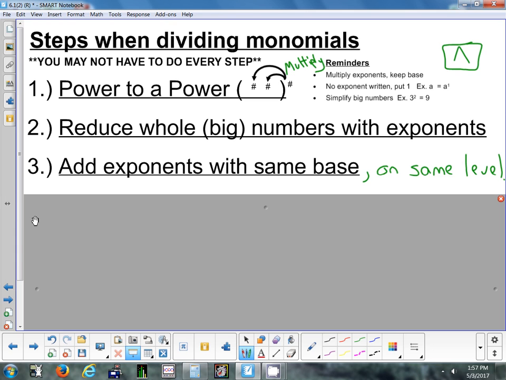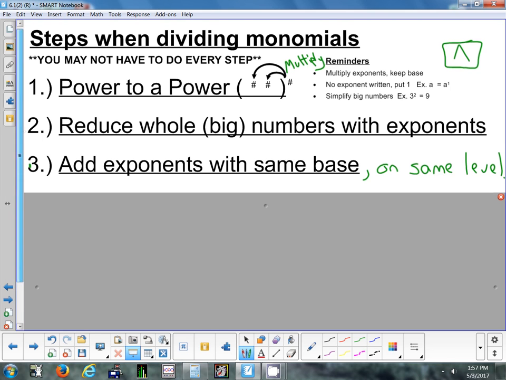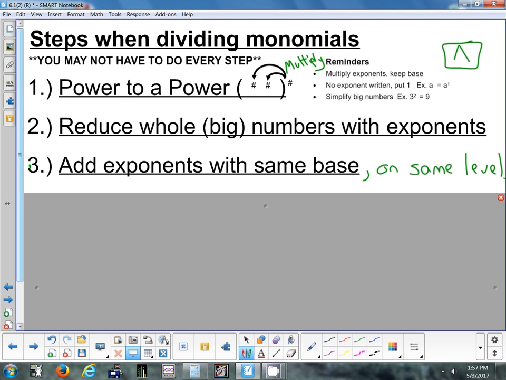They have to be on the same level. Same base, same level, add the exponents. And we're still going to keep the base, like we did yesterday. So this, number 3, we talked about yesterday. Number 2, you just need to know. That's probably something you guys covered in middle school, being able to simplify those exponents. Next thing.